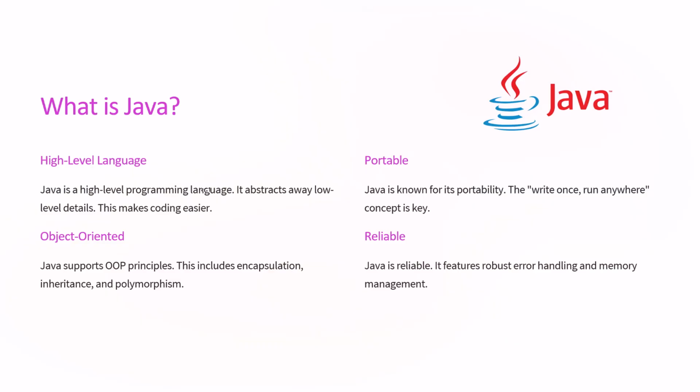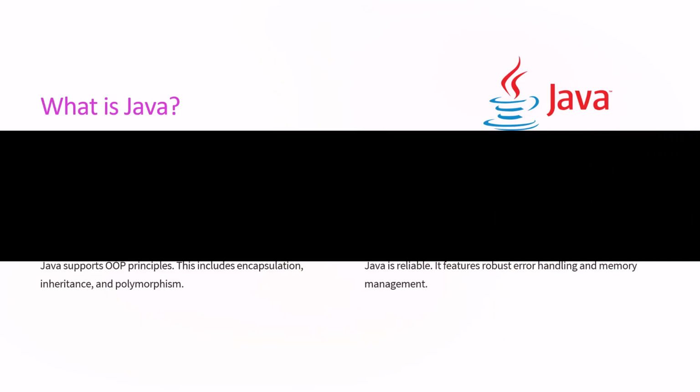That is what we term a high level programming language. Examples of other high level programming languages include Python, C Sharp, and the like. So that is one feature of the Java programming language.